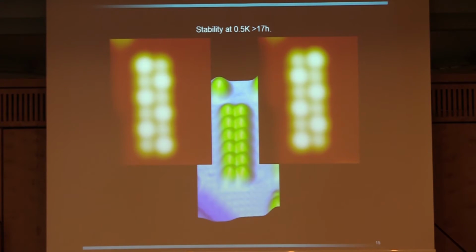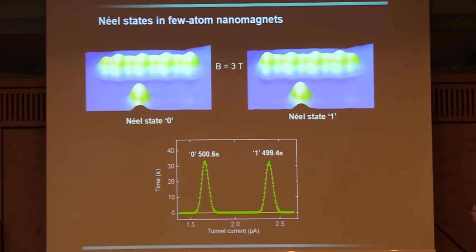In either of these 2 states at half a Kelvin temperature it is incredibly stable. The stability I wrote down here at half a Kelvin is larger than 17 hours. 17 hours comes mostly because then we got bored and just moved on. Anyway, this is incredibly stable, and it turns out that even smaller structures are very stable.